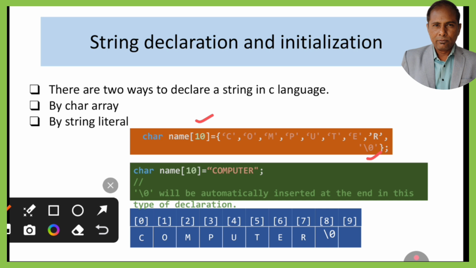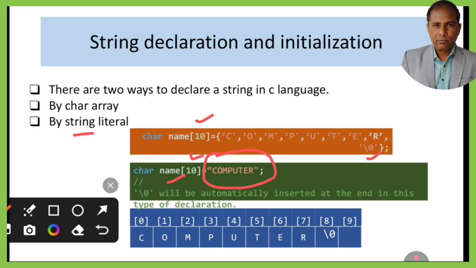So this is one way. Another way is by the way of a string: we write char, the name of the string, the size, and then we can write computer inside double quotes. So this is the way we can declare a string, computer.